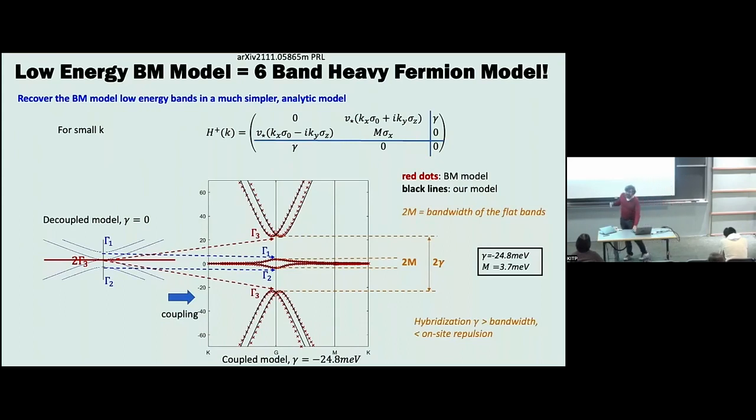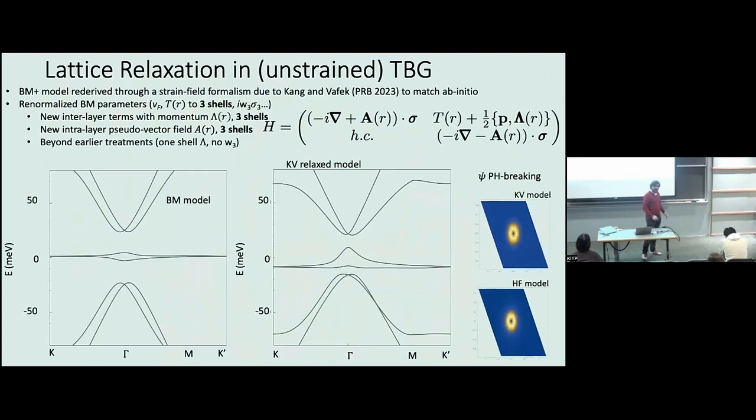Now, for reasons that I'll get back to later, and because I get this question a lot in talks, the Bistritzer-MacDonald model, as I said, has a particular extra symmetry, which is particle-hole symmetry, which, if you look at the ab initio calculations done by Carr, Kaxiras, Coscino, etc., you don't find it, or if you look at the spectrum, it doesn't look exactly particle-hole symmetric.